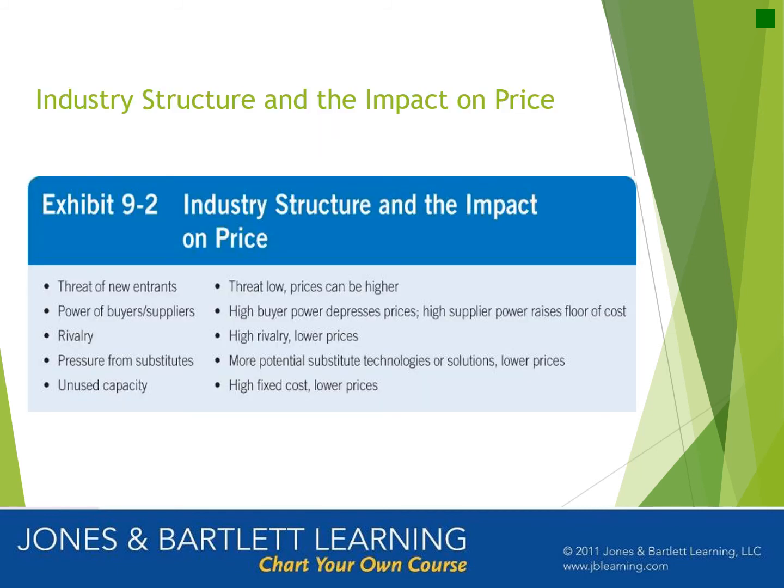So this is some other information on how our industry structure can impact our price. If we look at this one here, high buyer power depresses prices. That should just jump out at you that we're talking about Medicare, right?